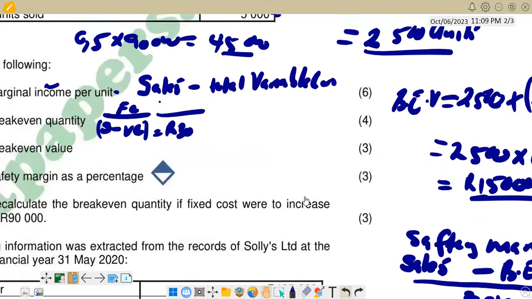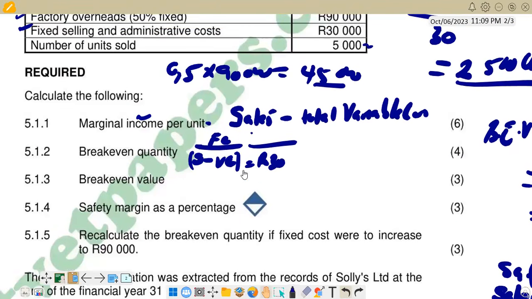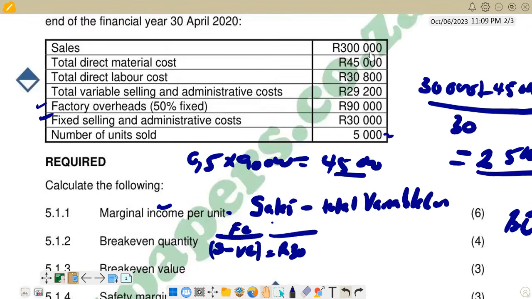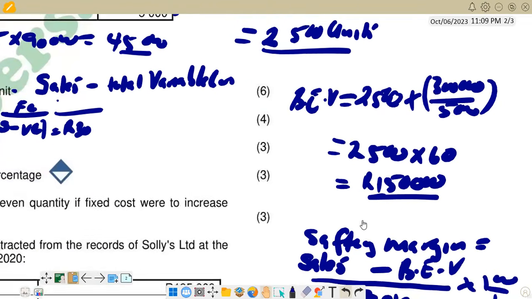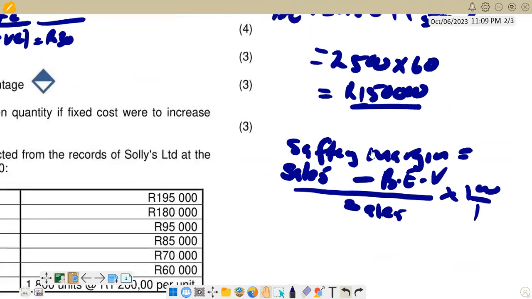we find that our sales are 300,000. Then we subtract our break-even value that we calculated there, which is 150,000.